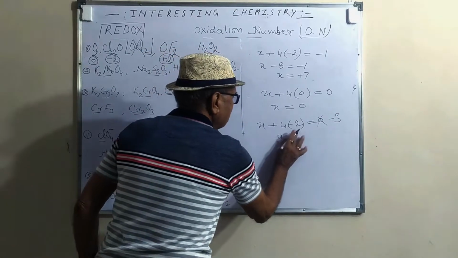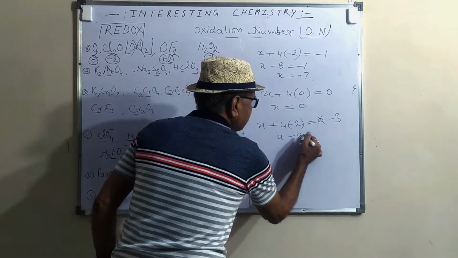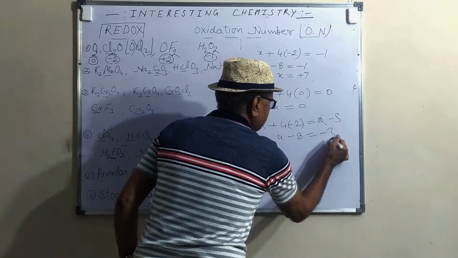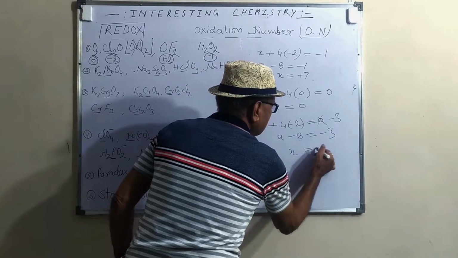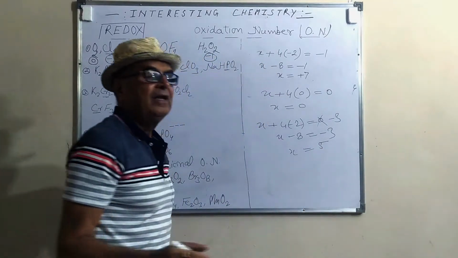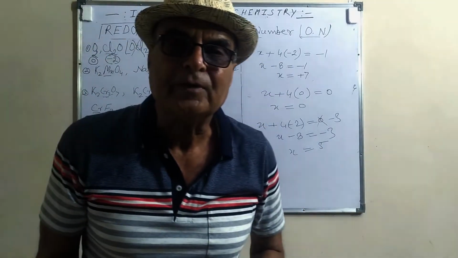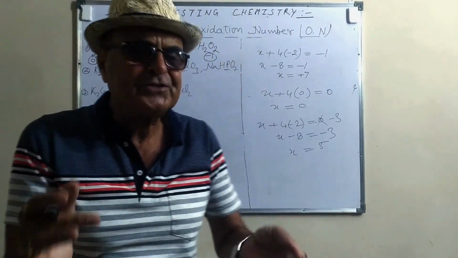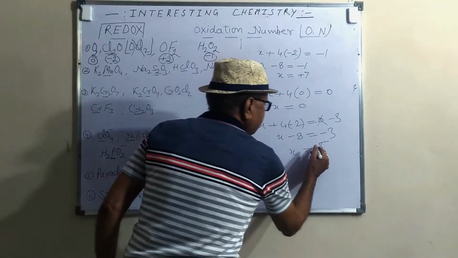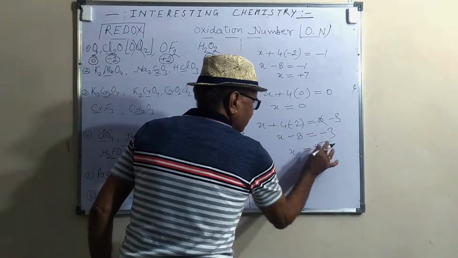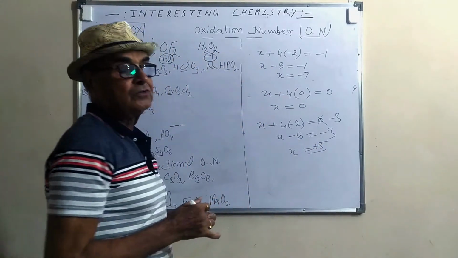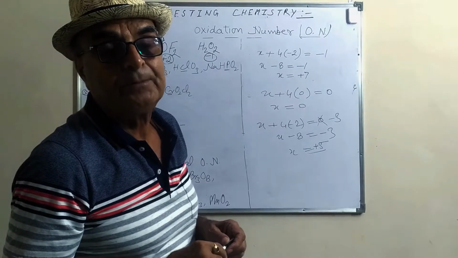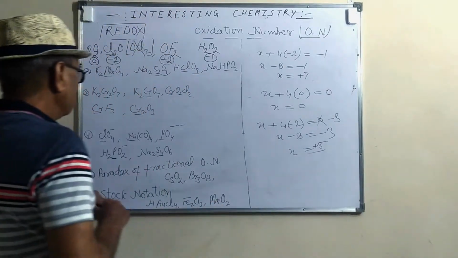So X plus -8 is equal to -3 and X is equal to 5. Am I right? Again I am making a mistake here. I should write +5, because the oxidation number is written with the plus or minus sign.